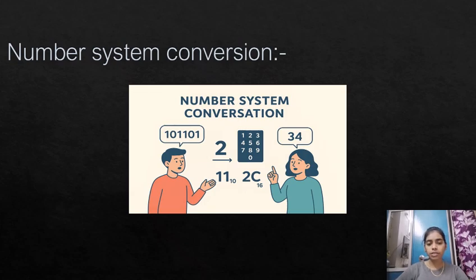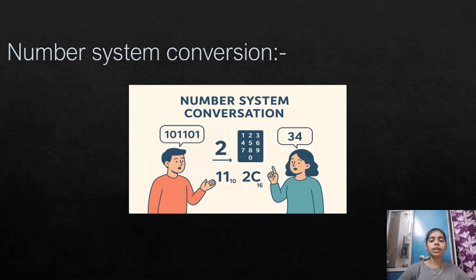The most common systems are decimal base 10, digits 0 to 9; binary base 2, digits 0 and 1; octal base 8, digits 0 to 7; hexadecimal base 16, digits 0 to 9 and A to F, where A is 10, B is 11, C is 12, D is 13, E is 14, F is 15. Number system conversion means changing a number from one base to another.